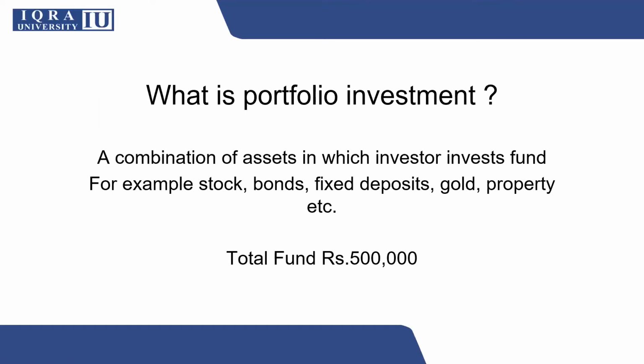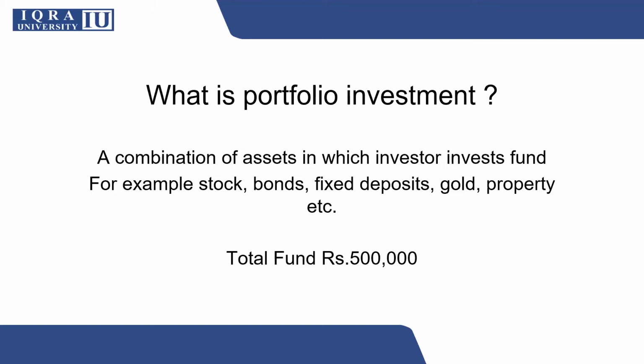When you are making a combination of different assets and you are investing your funds in different stocks and bonds, then this combination will be called a portfolio investment. For example, an investor decides that he will make certain investment in a stock, and he's not only investing in stocks, he's also taking investment in bonds, and he also deposits some amount in a bank to secure his diversification plan.